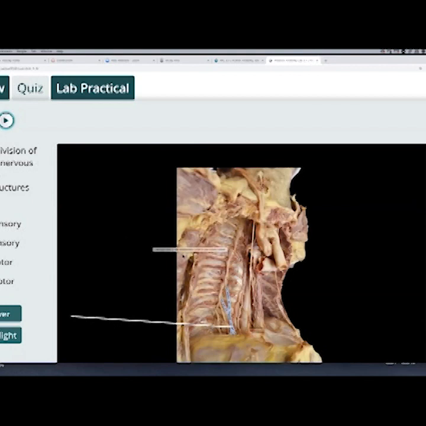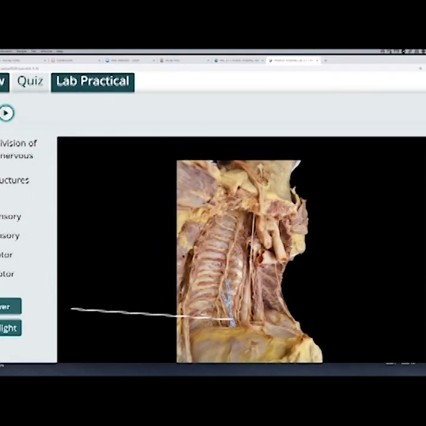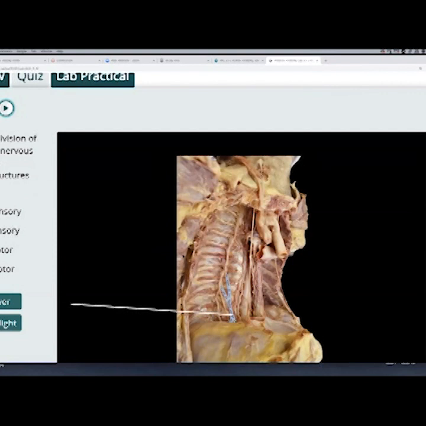Within which division of the peripheral nervous system are the highlighted structures functioning? Those are the branches of the sympathetic division. So let's see. Visceral.